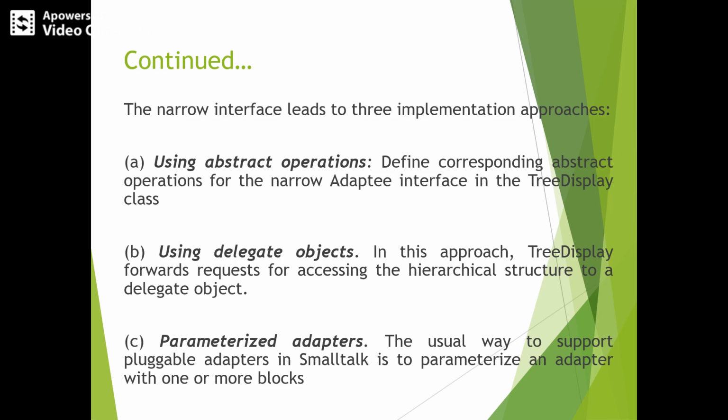The users of tree display, the directory browser, might make a good delegate for adapting tree display to the hierarchical directory structure, so that we can do this dynamically in languages like Smalltalk or Objective C. This approach only requires an interface for registering the particular delegate with the adapter, and the tree display simply forwards the request to the delegate. By using a delegate object, we reduce subclassing; the number of subclasses can be reduced. So this is another narrow interface implementation issue to consider.